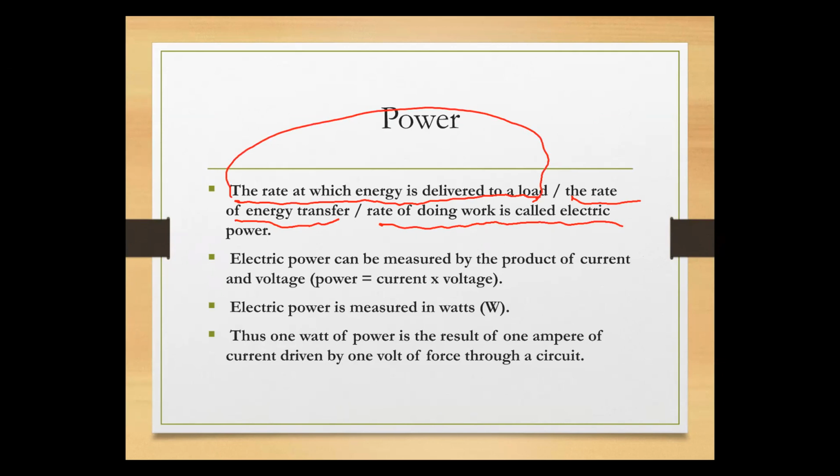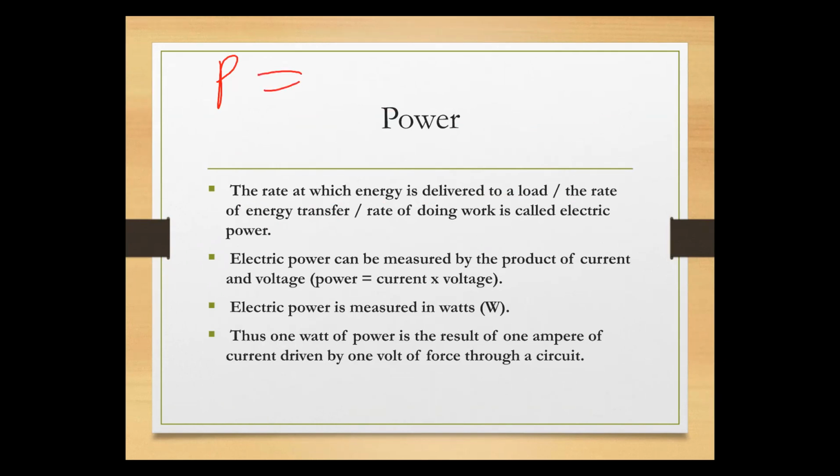So electric power can be measured by the product of current and voltage. So what they mean would be that power is equal to what? IV. Current times voltage. So you have to take note of these formulas.